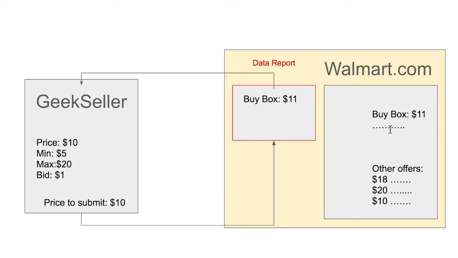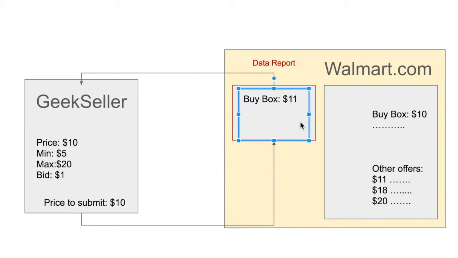So maybe within half an hour or 1 hour, Walmart will realize, wait, there is another offer which is better than the current buy box. So Walmart will put your offer here and move everything down. So it will be 18, 20. So now your offer is number 1.